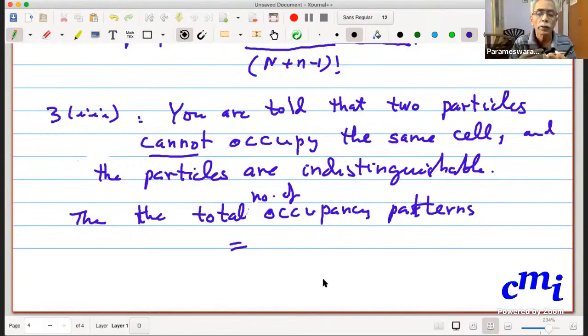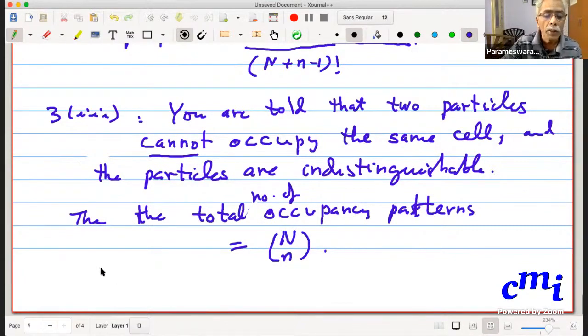You just choose some little n boxes out of it, and the particles can go into those boxes in exactly one way because the particles are all indistinguishable. So this is N choose n.